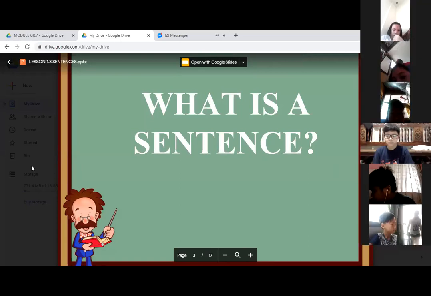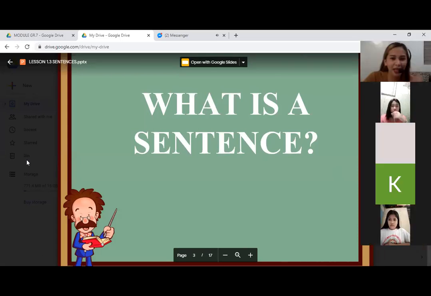But in this lesson, we will know that a sentence does not only end with a period. You will know that even though it ends with a question mark or an exclamation point, they are also considered sentences. Sa Tagalog, ang sentence hindi lang sa period. But your answer is correct, but in this lesson, magkakaroon tayo ng additional.